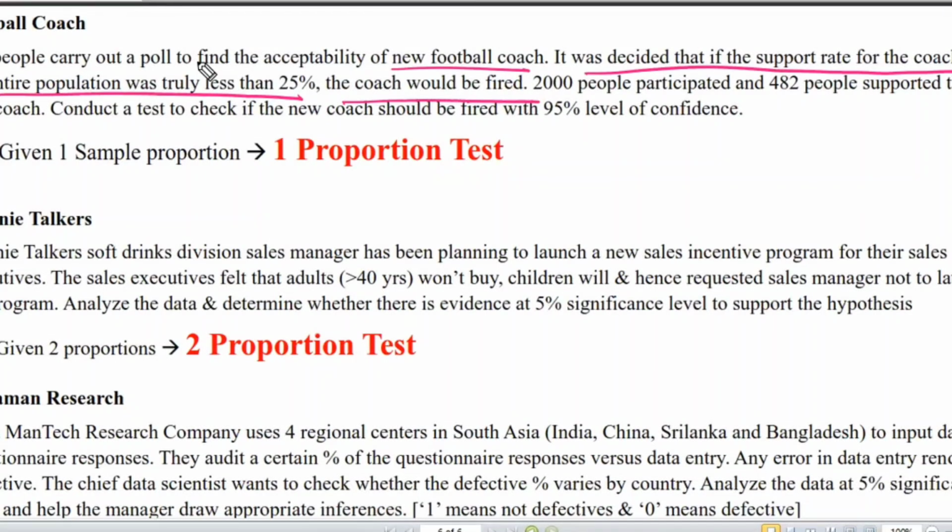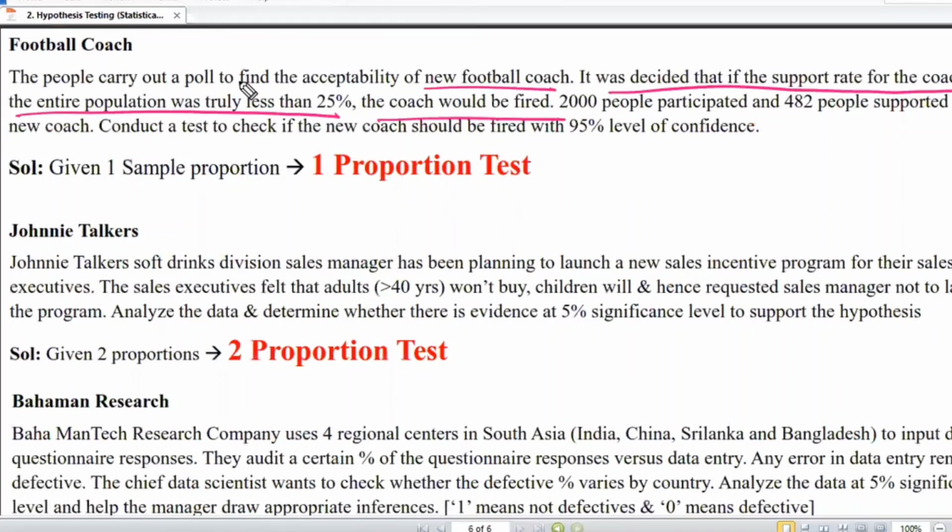Assume the population is maybe 10,000 students; I also don't know the number. They have randomly selected 2,000 out of 10,000, and out of these, 482 support the new football coach. How many are rejecting? The remaining 1,518 are rejecting the football coach.